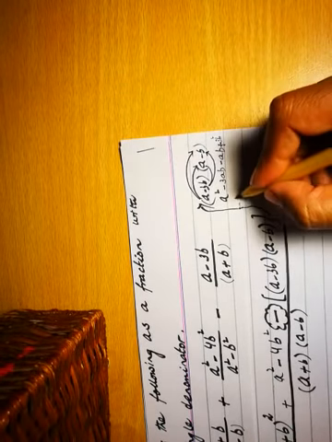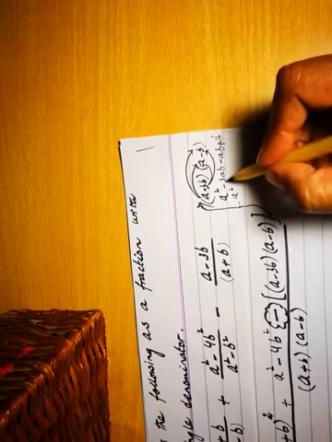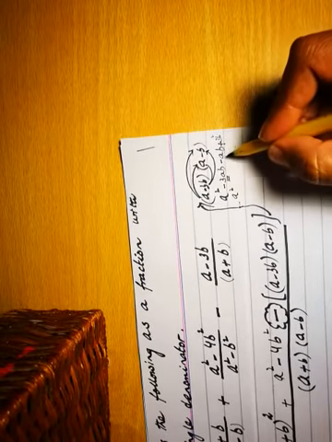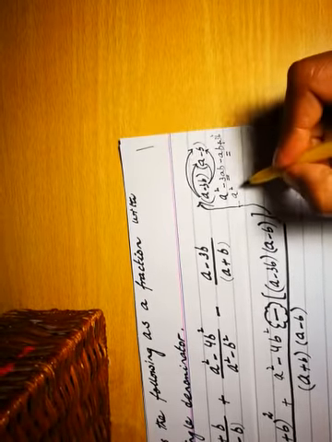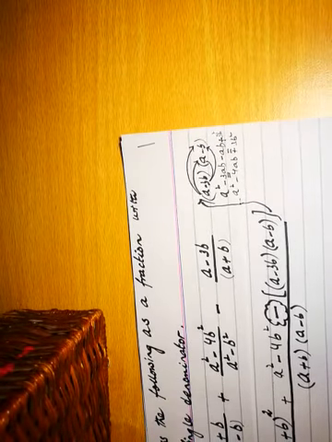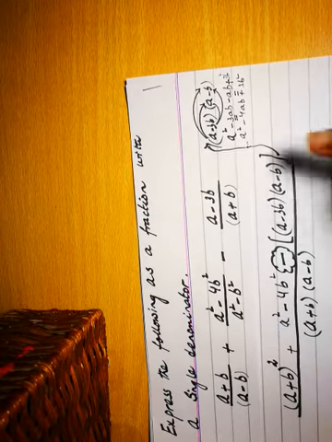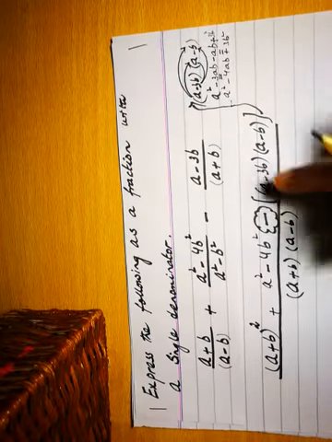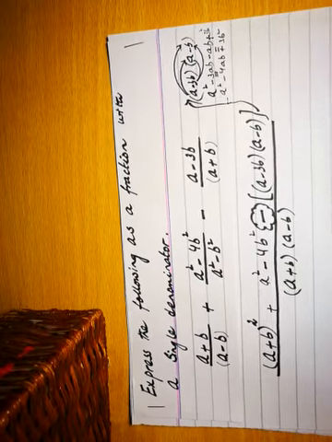Now one more step, like terms, minus 3ab minus ab will give me a square minus 4ab plus 3b square. So by simplifying it on a separate space and then putting it back here will make your life easier.